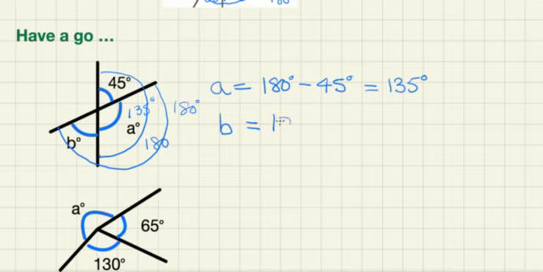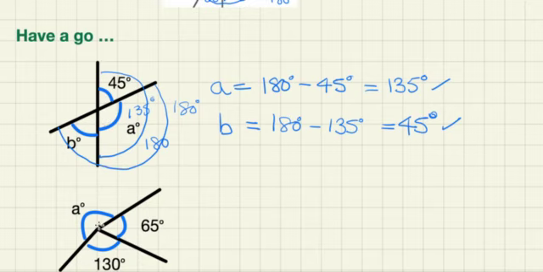So again, we have 180, and if we take away this angle here, A, which you just worked out, 135, better put the units there, then this gives us an angle of 45 degrees. So those are correct. Hopefully you got that answer as well.